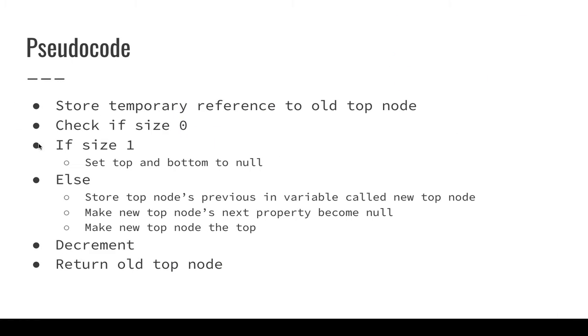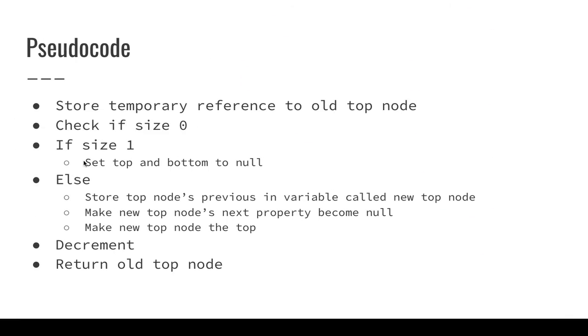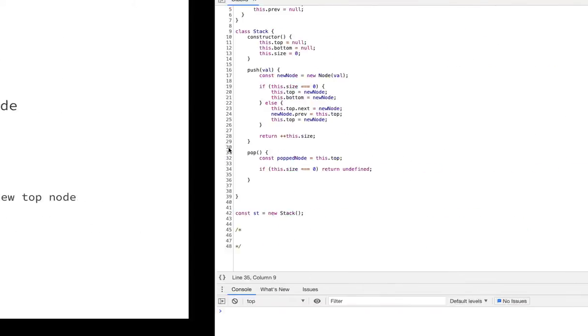Next, we're going to check if the stack size is 0. So if this dot size is equal to 0, then return undefined. So that's our edge case. Next, if the size is 1, set top and bottom to null.